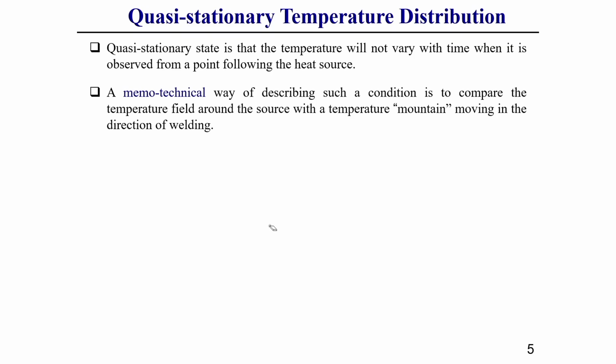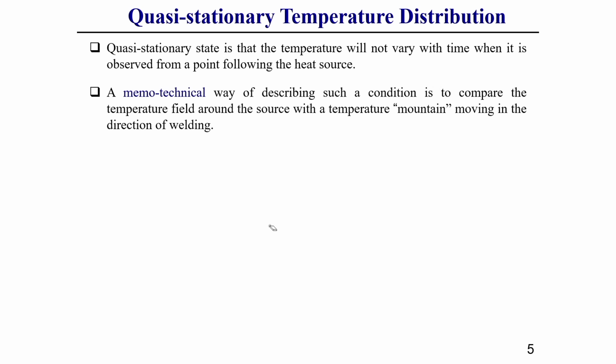So, in the transient state, what is transient? Transient means time dependent, that means with time your temperature is varying, whereas the quasi stationary stage is not time dependent.